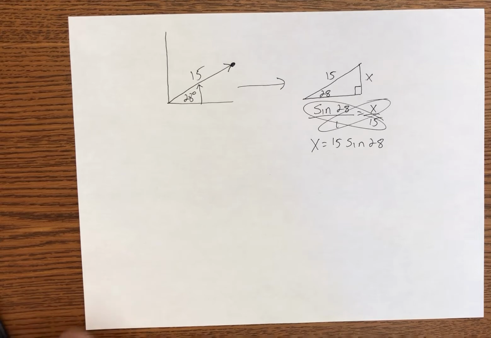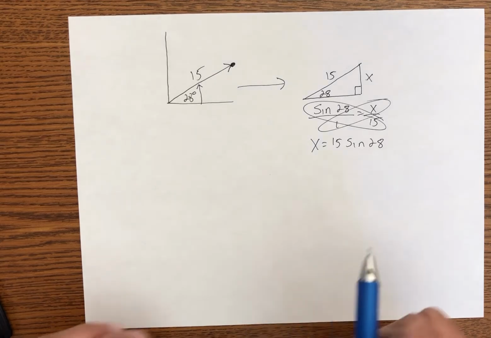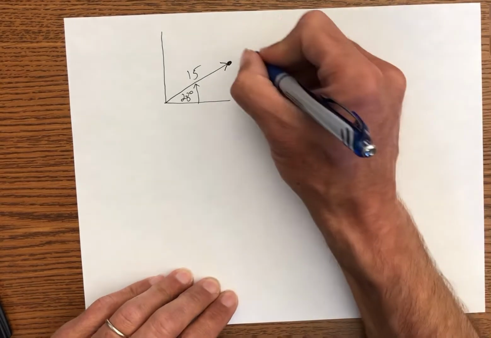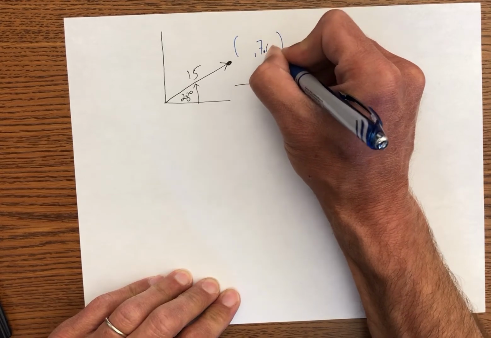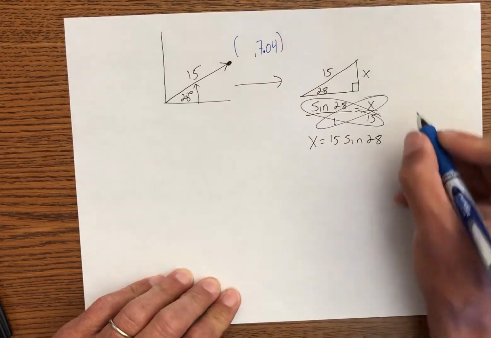Let me get my calculator. 15 sine 28 equals 7.04. So x is, my y is 7.04. Okay.